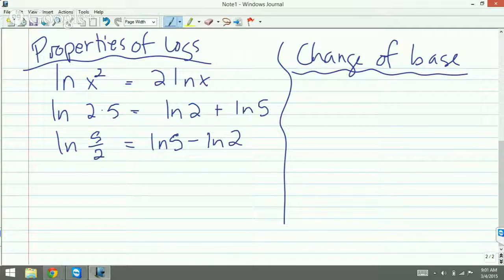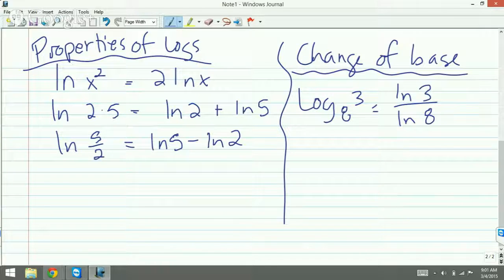What's the change of base formula? So if I give you log base 8 of 3, how can I change that to a natural log since it's on your calculators? There you go. We can do that with natural log. You can do it with the common log base 10. It doesn't matter.